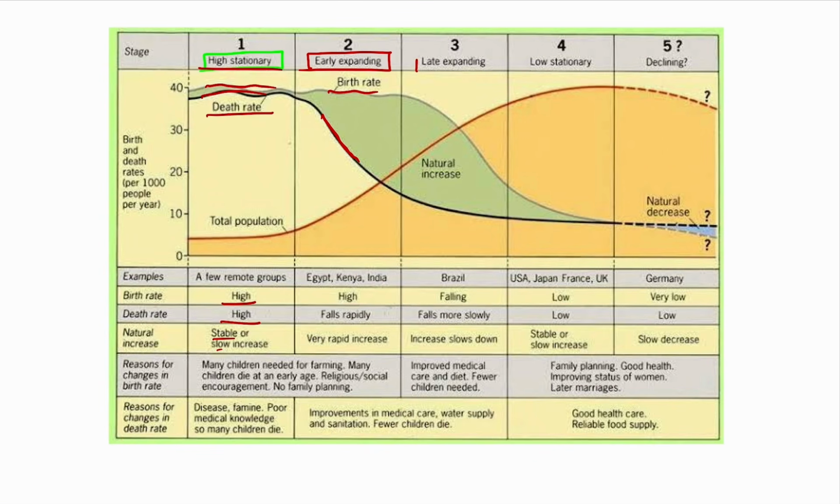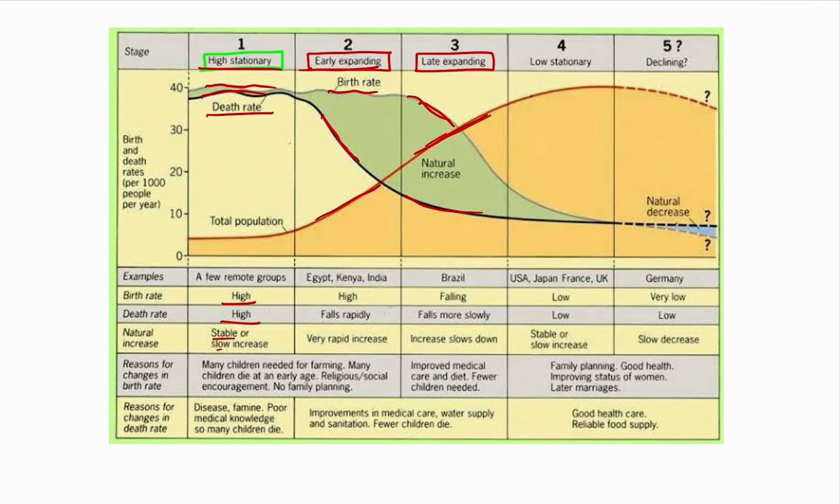In the late expanding phase, birth rate is falling, and death rate is also falling, but more slowly. So the total population increases but slows down. Here is the rapid increase, that is why it is called early expanding.